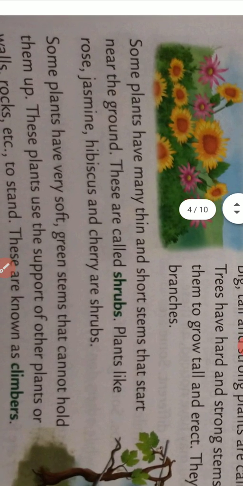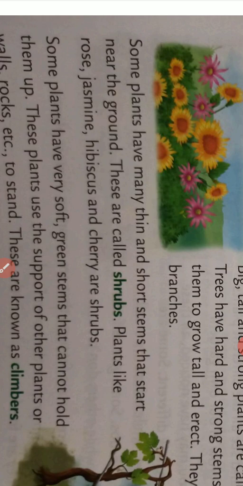Moving to shrubs, some plants have many thin and short stems that start near the ground, and these are called shrubs. Okay, and their stems are not very strong, but they are also strong, right? But they are thinner than the trees, and the height is smaller than the trees. Okay, what are the examples?